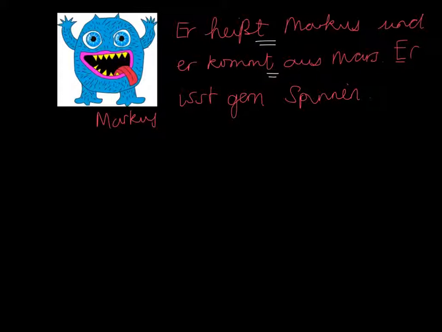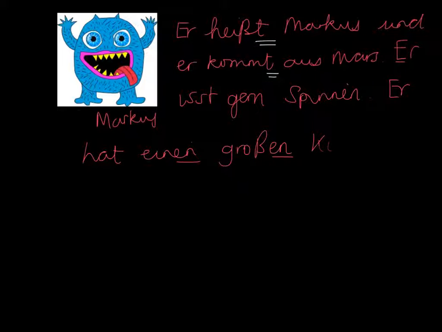Right, I want to start off with saying, when I come to describe him, that he has a large body. So I'm going to say, hat. Now, body is der, so it's going to be einen. Now, I need an ending on this. It's going to be en, because it's masculine, Körper. Okay, so he has a large body.